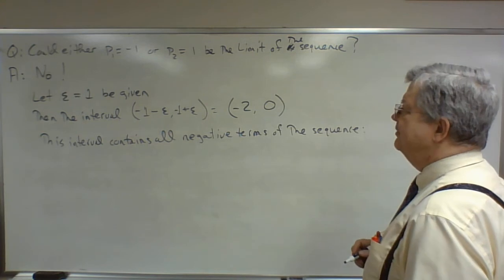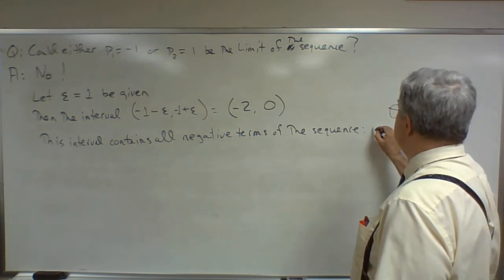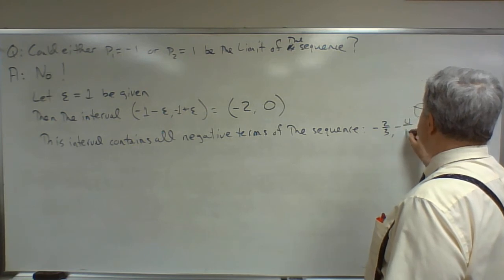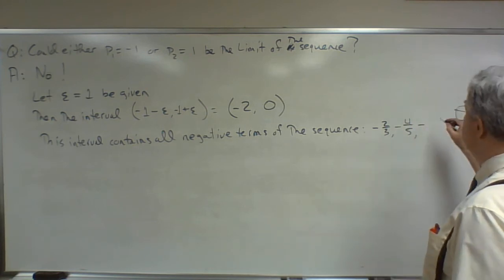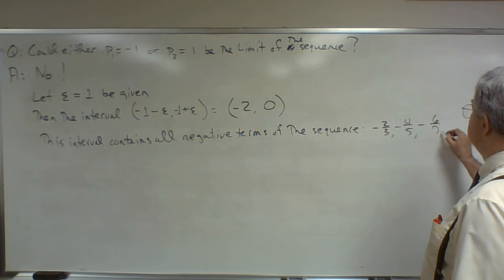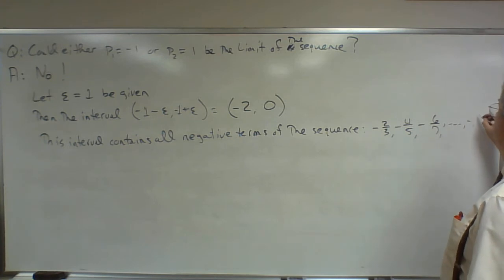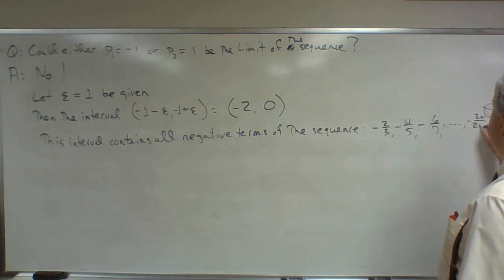So let's see, what does it contain? -2/3, -4/5, -6/7, negative 2n over 2n plus 1.